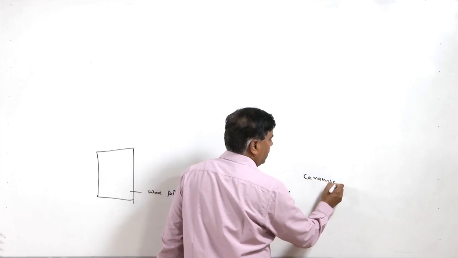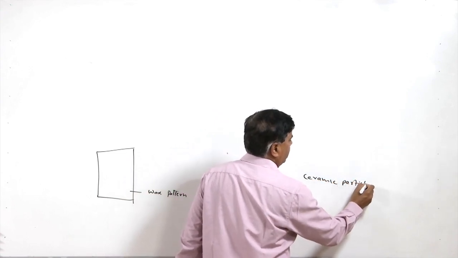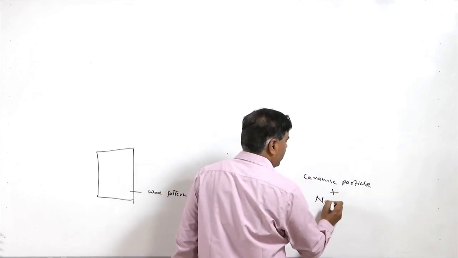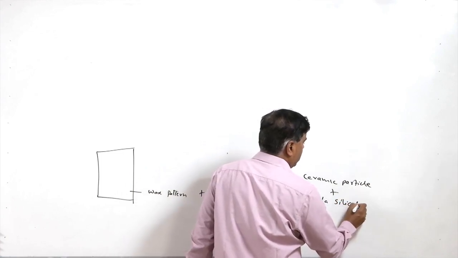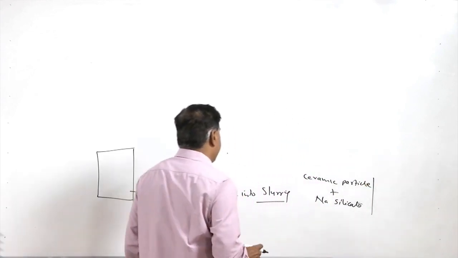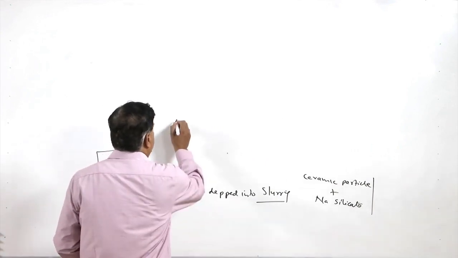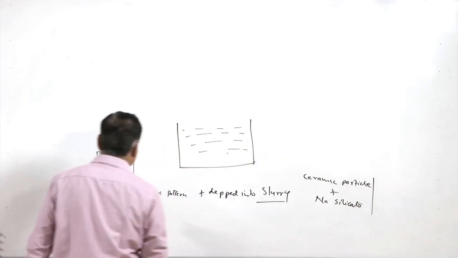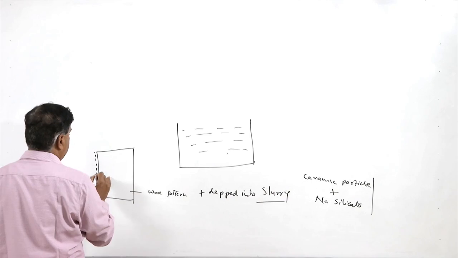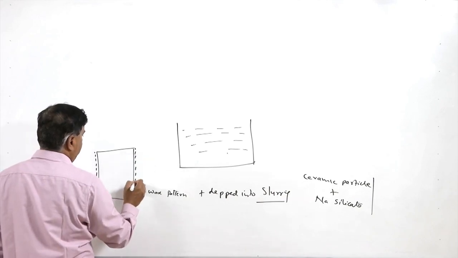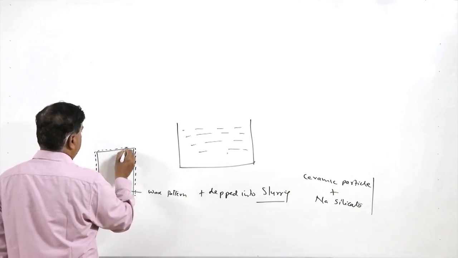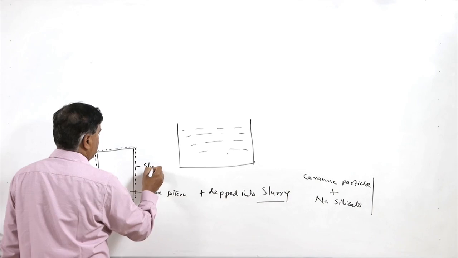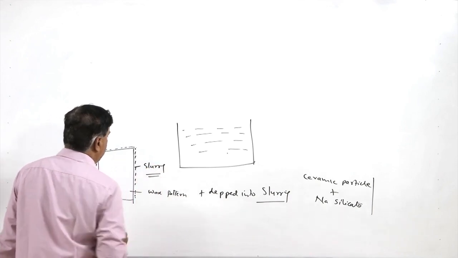Ceramic particles and sodium silicate. The wax is dipped into this slurry, so the slurry gets applied over the surface of the wax pattern. So, this is the slurry which has been applied.